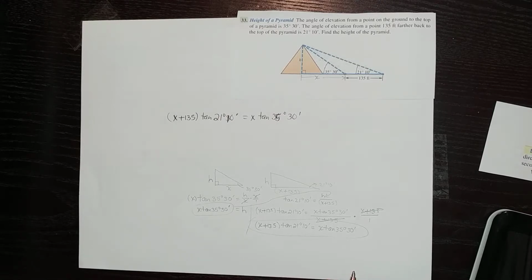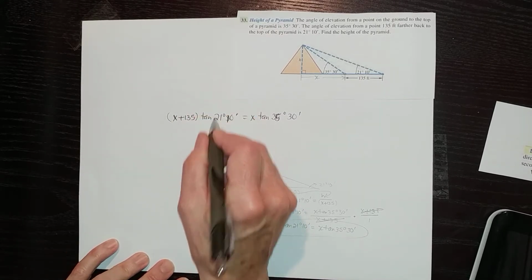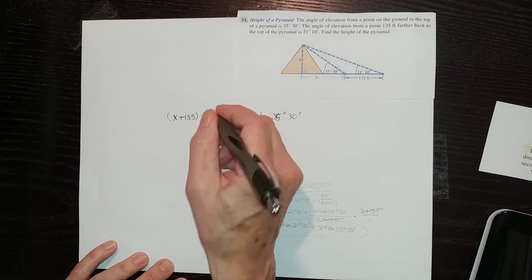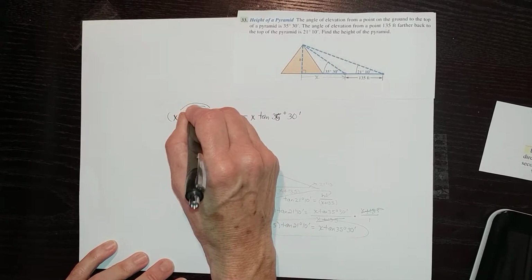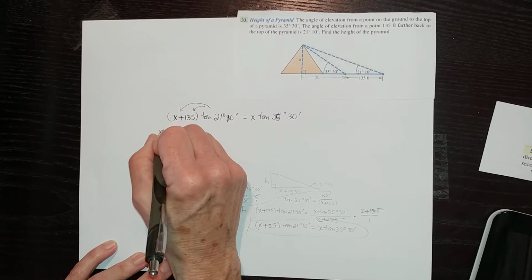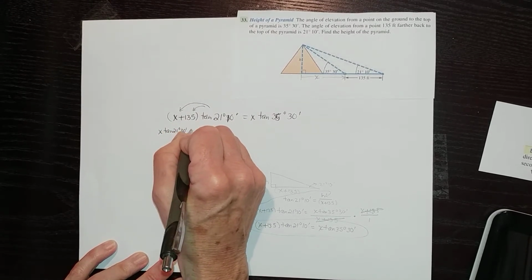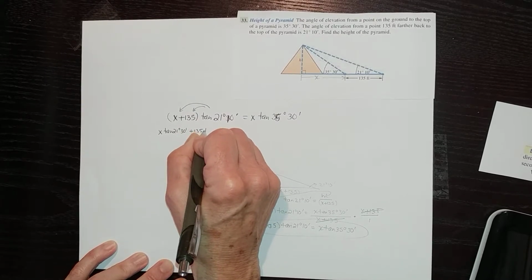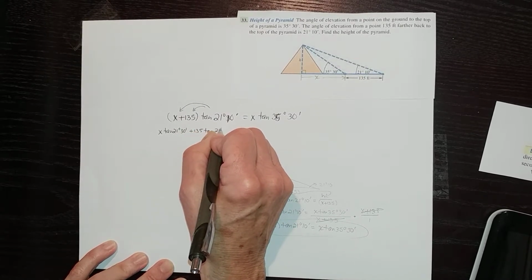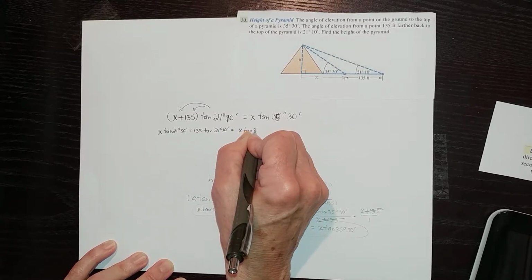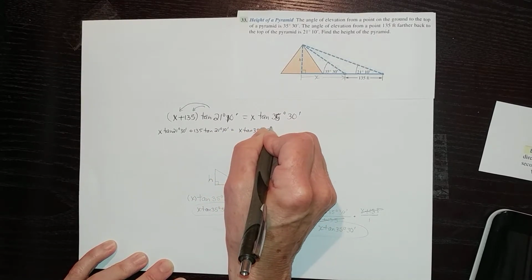Okay, so I want to solve for x. The tangent of 21 degrees 10 minutes is simply a number. I'm going to distribute this number to each of these terms. x tangent 21 degrees 10 minutes plus 135 tangent 21 degrees 10 minutes is equal to x tangent 35 degrees 30 minutes.